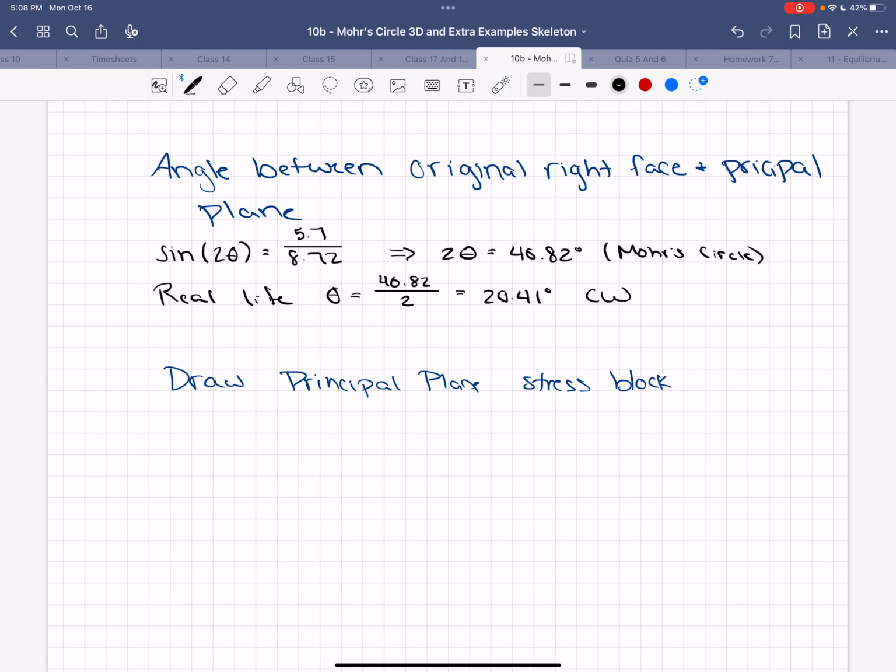All right, so now we can draw this. I start by drawing my original right face, which was just a vertical line. My new right face rotated 20.41 degrees clockwise, making it a straight line over here. And it's very important to label this angle.